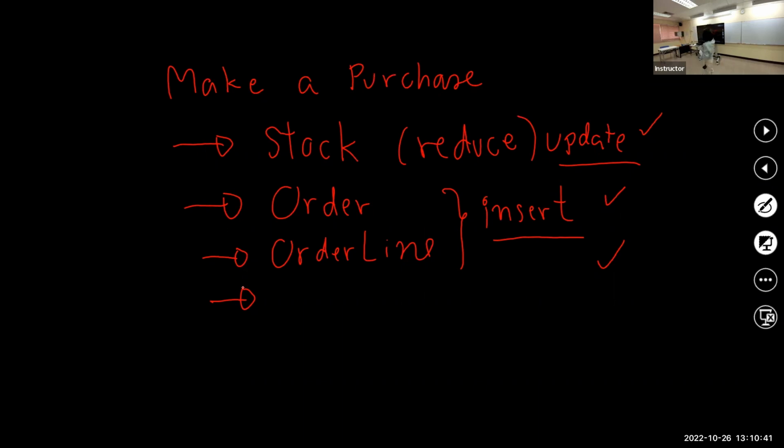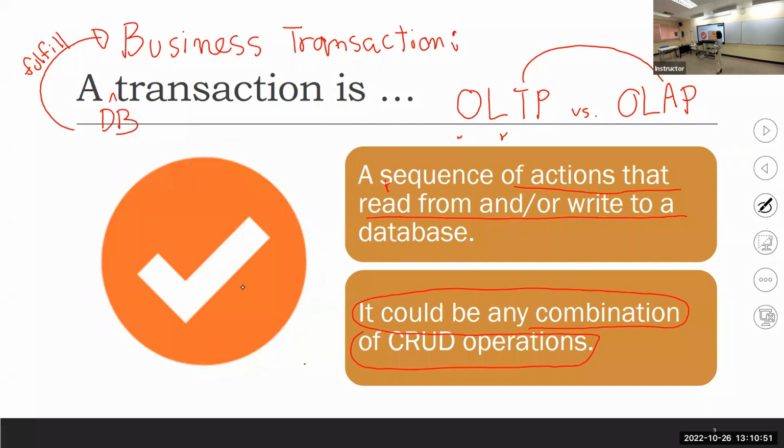So there is a series of update, read, and insert operations that must be done. These are examples of database transactions to fulfill a business transaction. So when we talk about transaction in a database scenario, we basically talk about a sequence of read and write, a sequence of CRUD operations, actually.